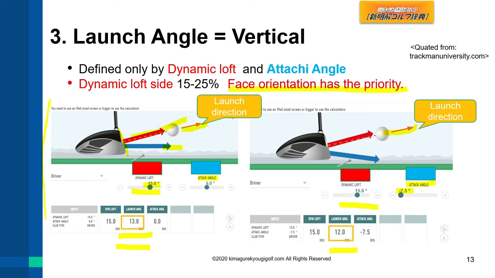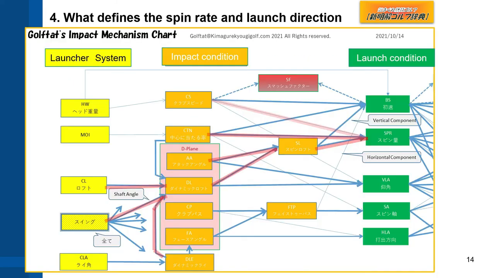Now, what decides the dynamic loft? Here is the impact mechanism chart, and the dynamic loft is over here. And the dynamic loft is decided by the club and the swing, especially the shaft angle. Some people call it a shaft lean. And dynamic lie and centeredness of the impact.